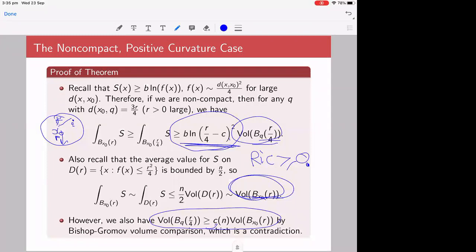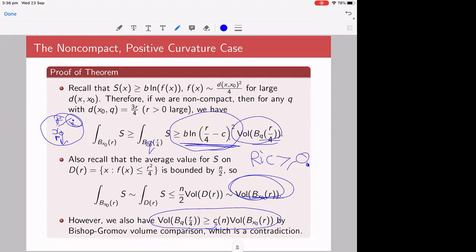I think someone has the right suggestion in the chat. Max says that the x naught in the second integral should be a q. Yes, that makes a lot of sense. And of course, that's the solution. Yes, sorry. We've shifted our ball up here. Yes, thank you for that, Max.